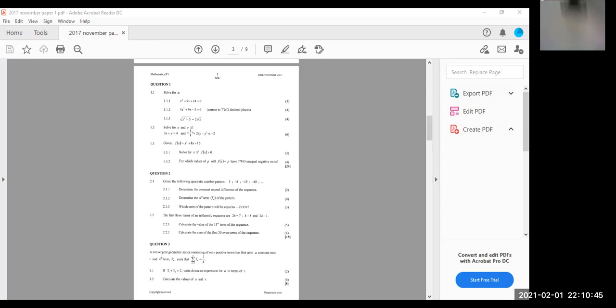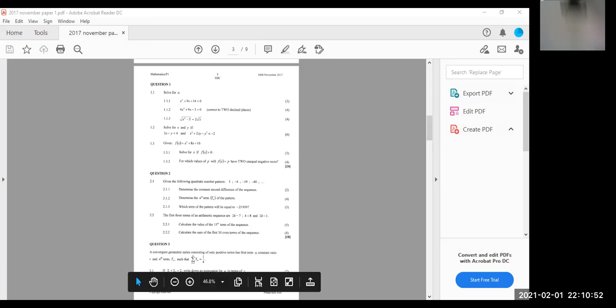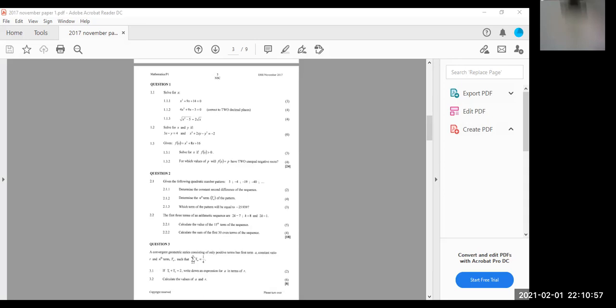Okay, let me start with the first one, that is solve for X. And when we do that, I will just like to remind you guys, it's solve for X and they are all quadratic. Make sure you use the quadratic formula. If you are not sure of your factorization, your recipe is the quadratic formula.